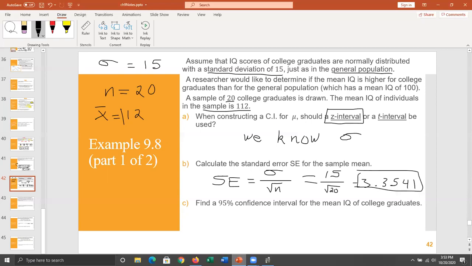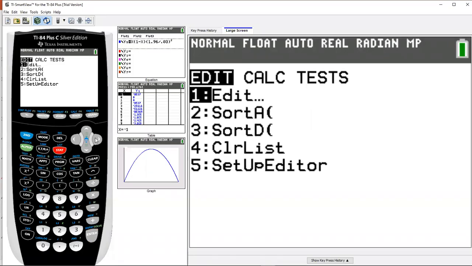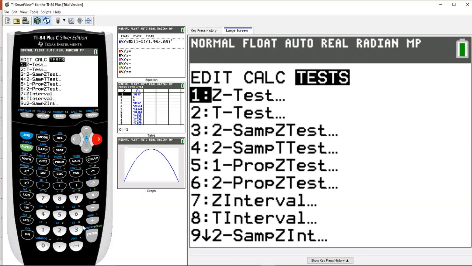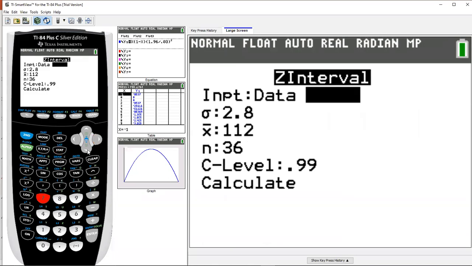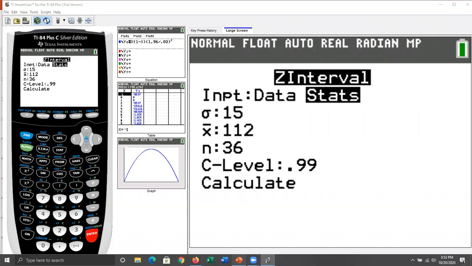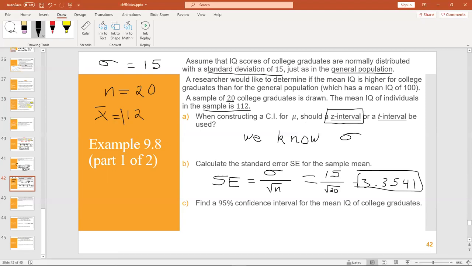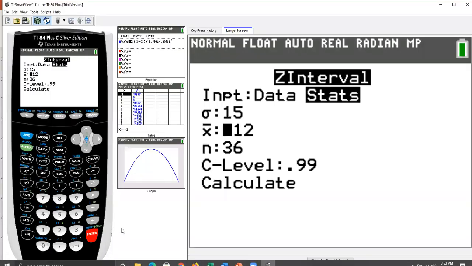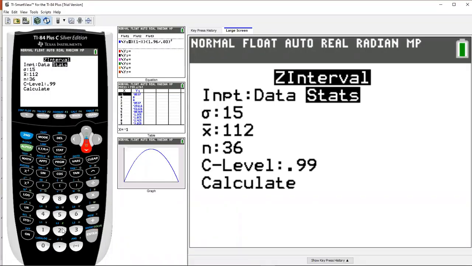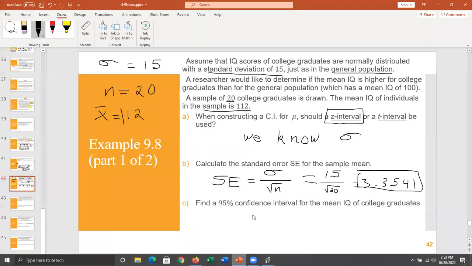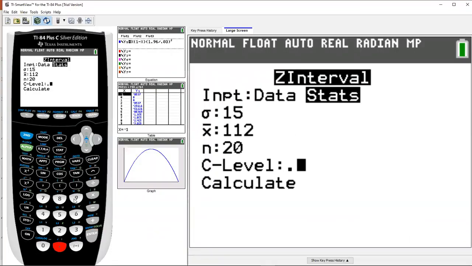Find a 95% confidence interval. All right, we can do that. Stat, tests. We said this is a Z interval, so we're going to pick option 7. Sigma was 15. X bar is 112, which is what we already have. N is 20. We want 95, so 0.95 it is.